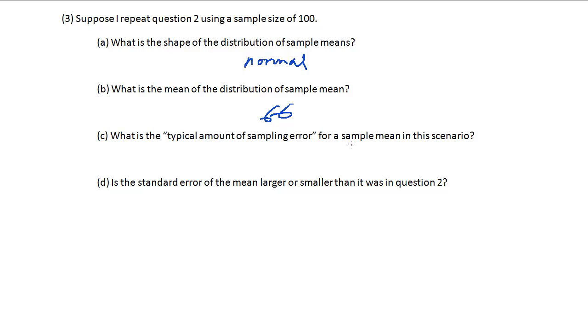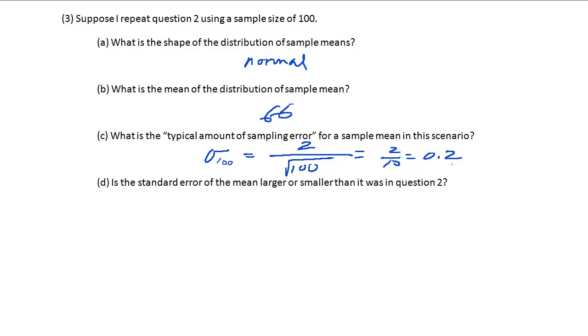What's the typical amount of sampling error for the sample mean in this scenario? It's going to be different because the sample size is different. The error is going to be smaller this time because the sample size is bigger. Let's calculate that. This is a standard deviation of 2, divided by the square root of 100.